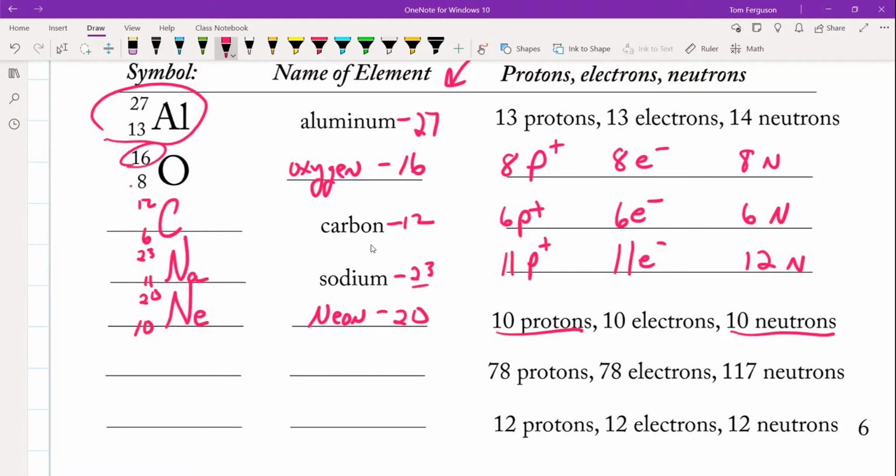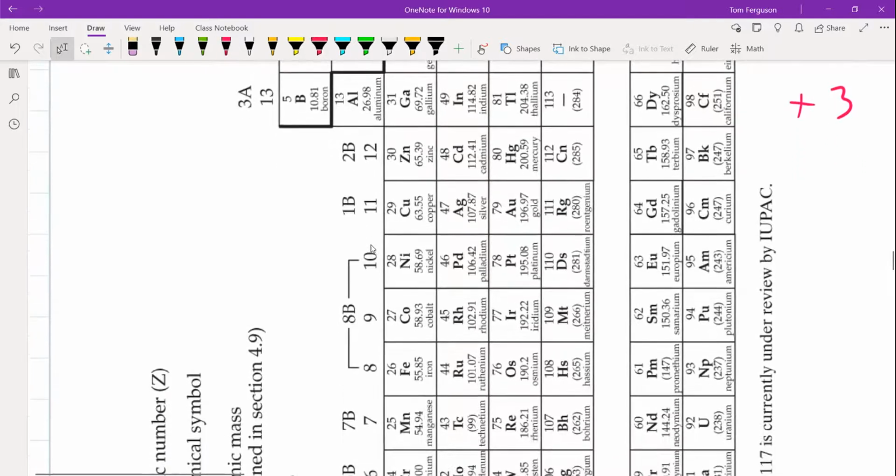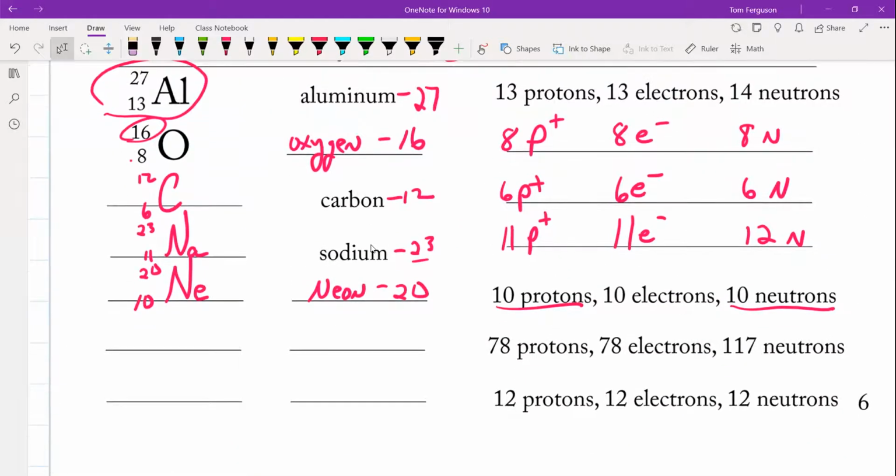What has 78 protons? Now we're talking about the top number. So we're looking at platinum here, Pt. It's neutral platinum, so that means electrons and protons are the same.